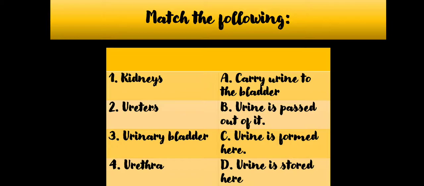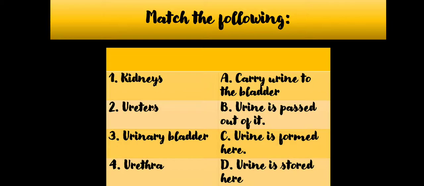Second, ureters. These carry urine to the bladder. That is A. Third, urinary bladder. Urine is stored here.